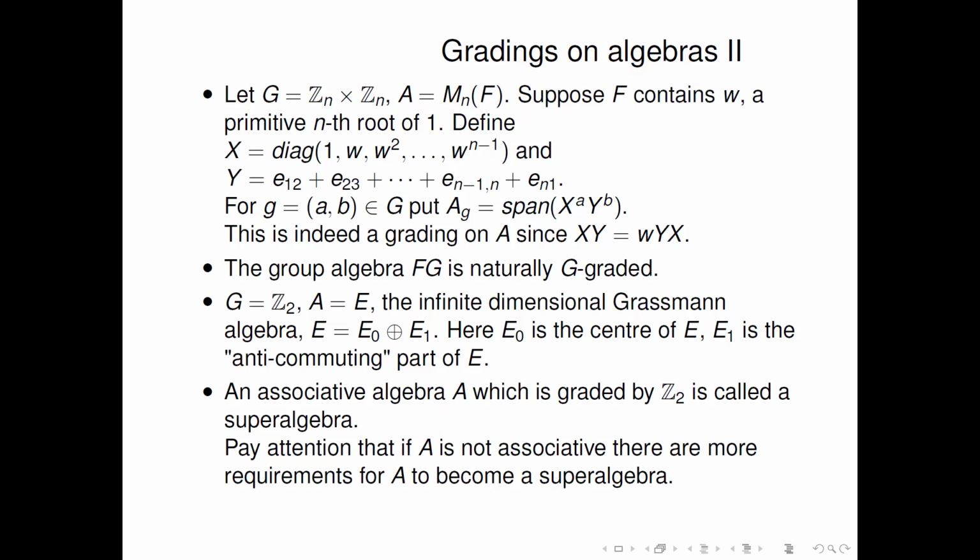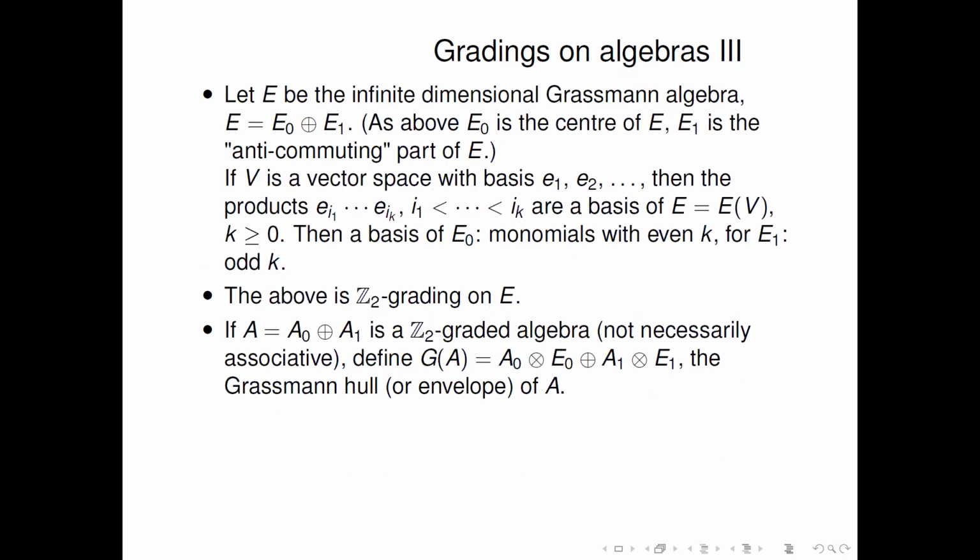An associative algebra graded by Z2 is sometimes called a superalgebra. For associative algebras, it is the same, Z2 graded or superalgebra. But if A is not associative, then there are some other requirements. We'll explain them here.